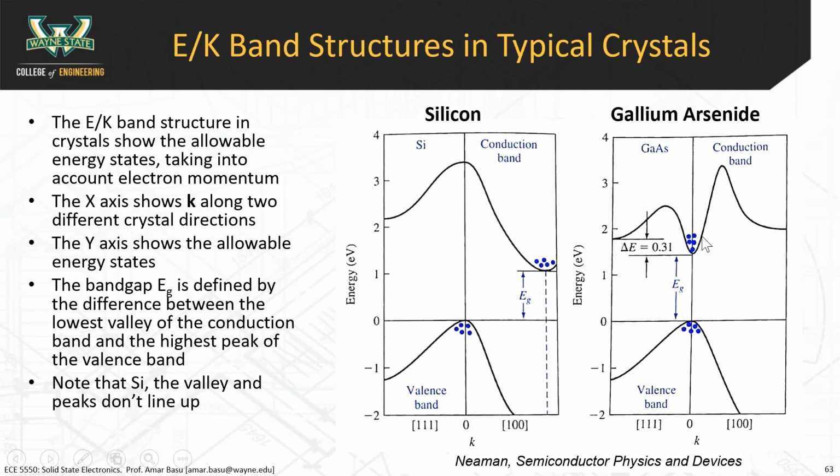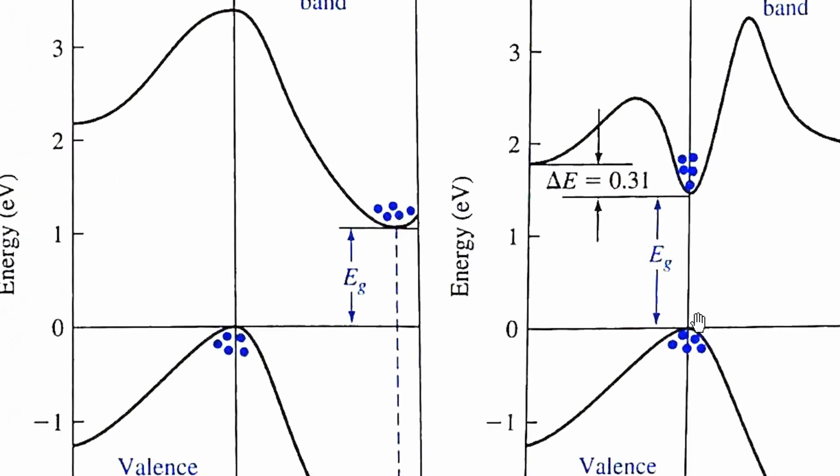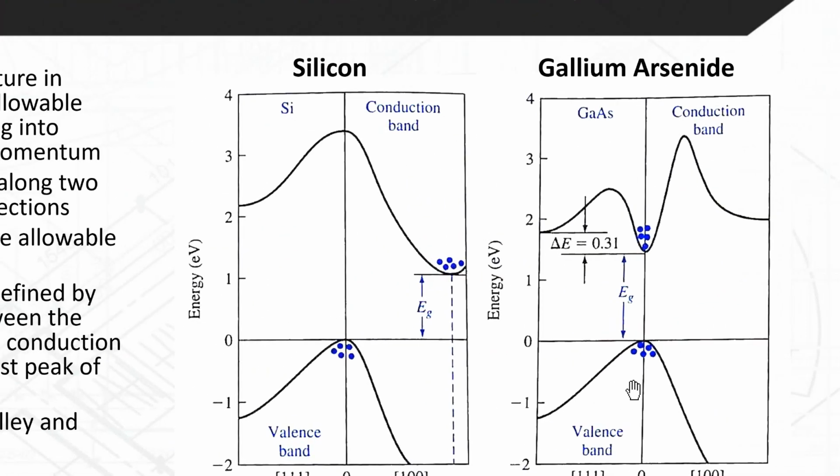So an electron that transitions from the conduction to the valence band, when it recombines, and we're going to talk about recombination today, can go directly. It only has to change energy. It does not have to change momentum.